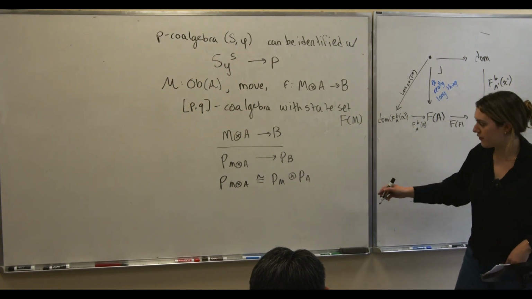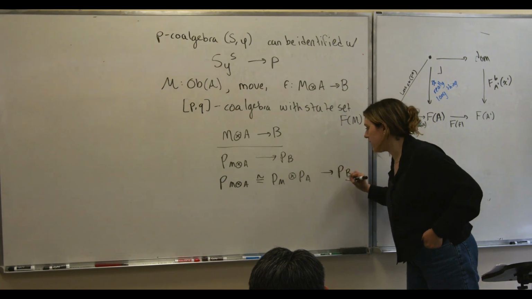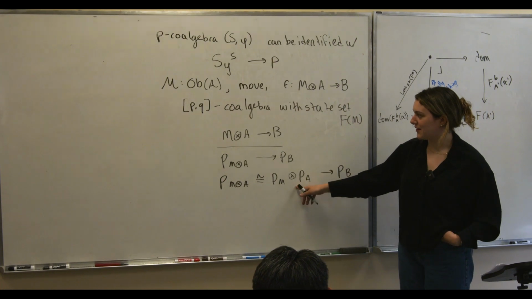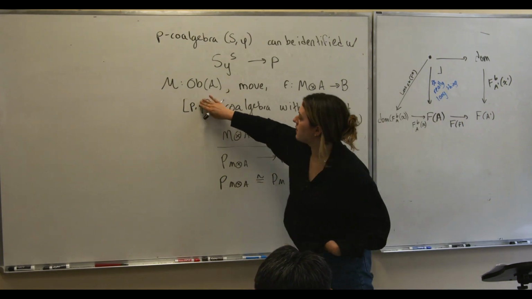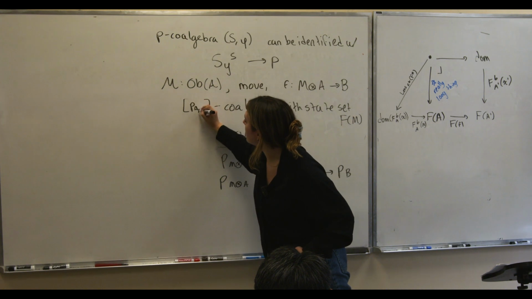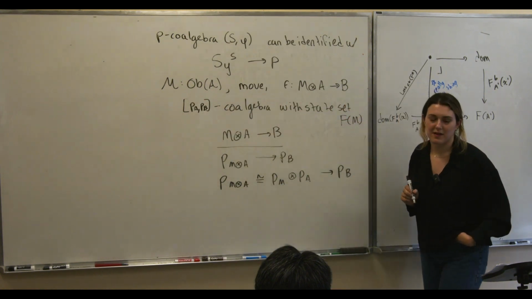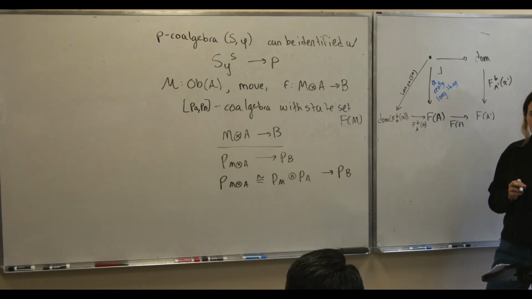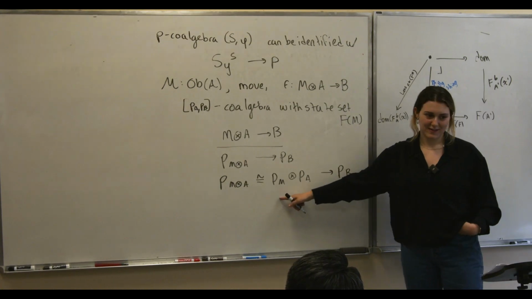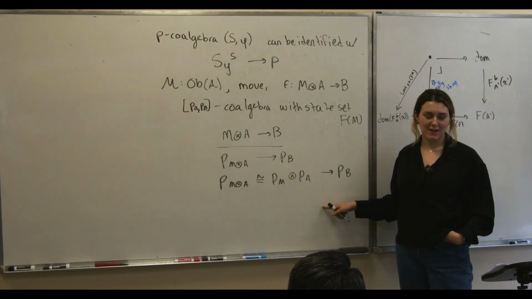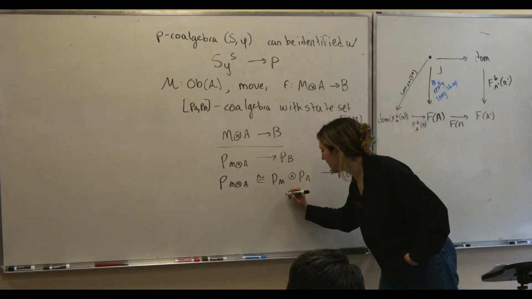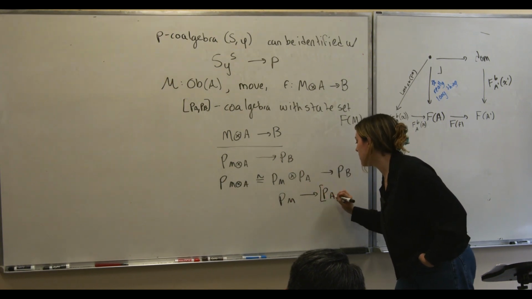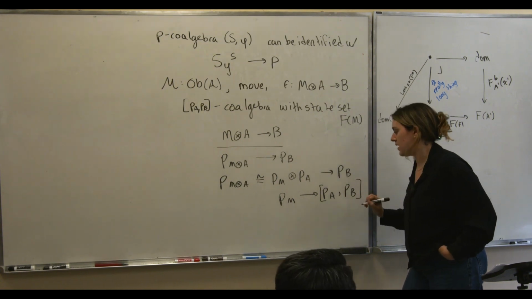So we have an arrow from pm times pa to pb. Suppose we want, this is an error, we want a PA-PB coalgebra. We want something that's going to land in the internal Hom of PA and PB. We're going to do the standard tensor Hom business. We're going to say, okay, this is the same as an arrow from PM to the internal Hom of PA, PB.